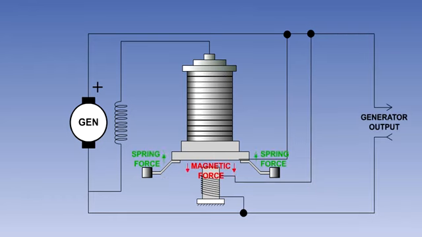The magnetic field of the control coil attracts the base of the carbon pile, and the stronger the magnetic field, the greater is the attraction. This attraction is being opposed by the springs, pushing the pile in the opposite direction.